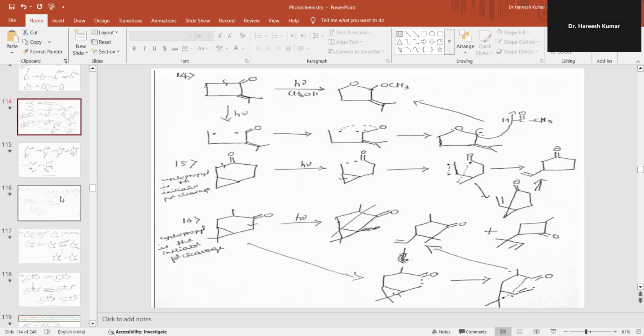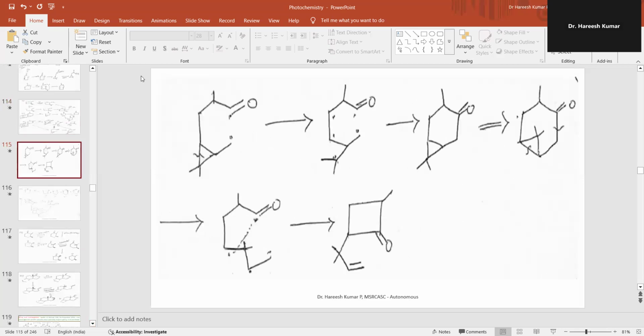In the next slide, I'm taking two more examples. Look here, this is a continuation of the explanation for the different product formation. Here one radical, here one radical. Suppose instead of breaking this bond, this bond undergoes homolytic cleavage, then what will happen? Here one radical, here one radical, and here radicals.